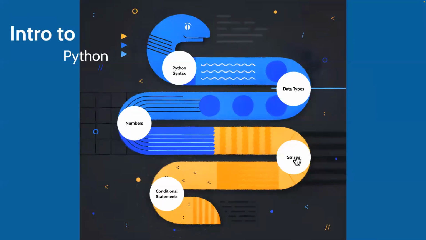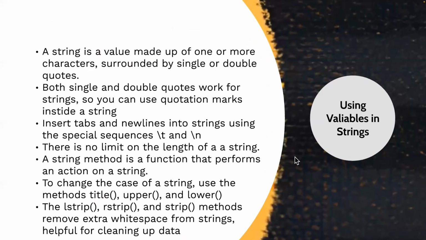All right, let's talk a little bit more about strings. Okay, we said a string can be in a double or single quote, so that's mentioned already. But we want to talk about how we can manipulate a string, right? So we can insert tabs and new lines into strings using the special sequences \t and \n.